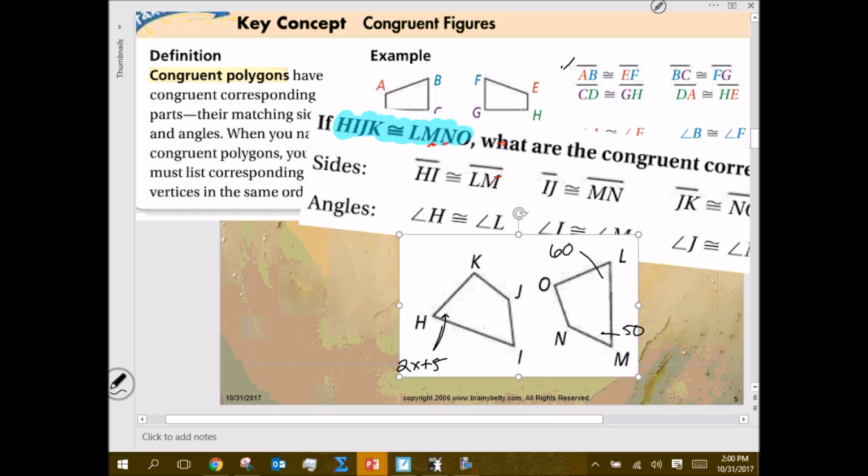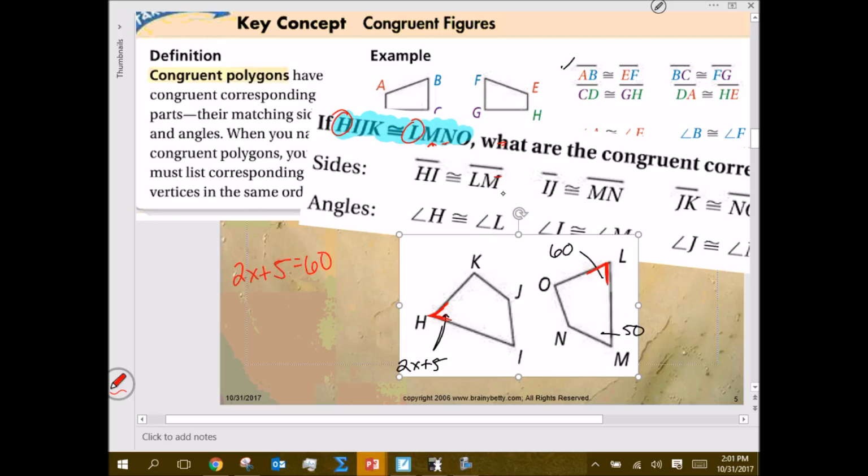Okay? Well, in order to solve for x, I got to know what that angle H is equal to, right? So it makes sense, hopefully, that I first have to find that angle H, based off of our naming up here, is the same thing as L, right? So H is congruent to L. So now we set up the equation 2x plus 5 is equal to 60, correct? Yes.